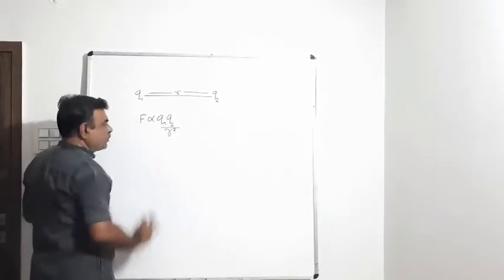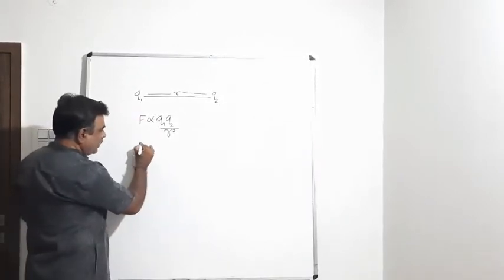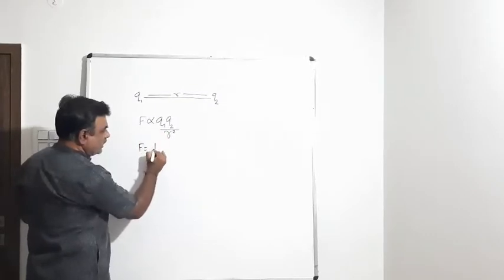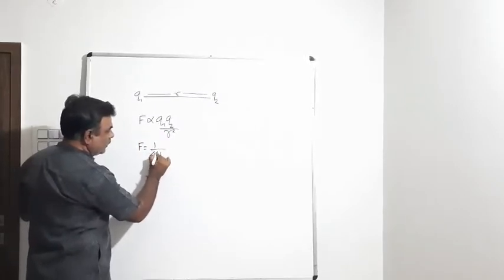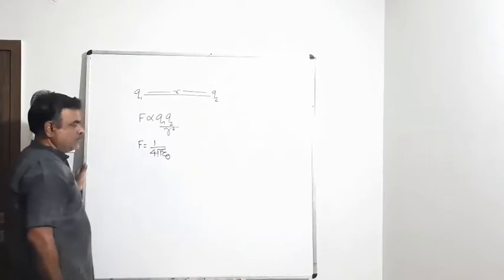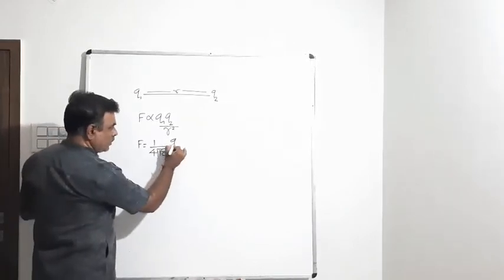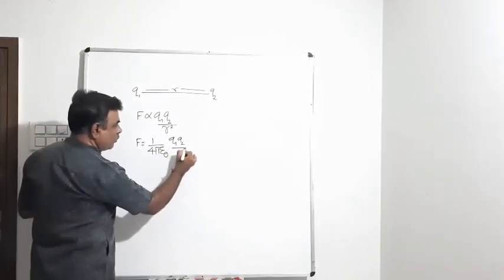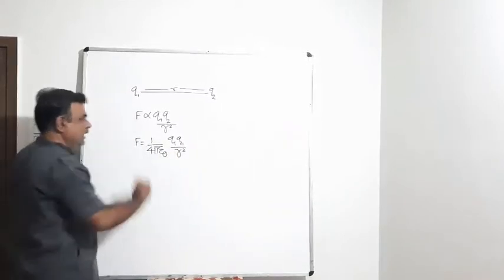Now, to remove the proportionality, F is equal to, the constant term is 1 over 4 pi epsilon 0, times Q1 Q2 by r square.